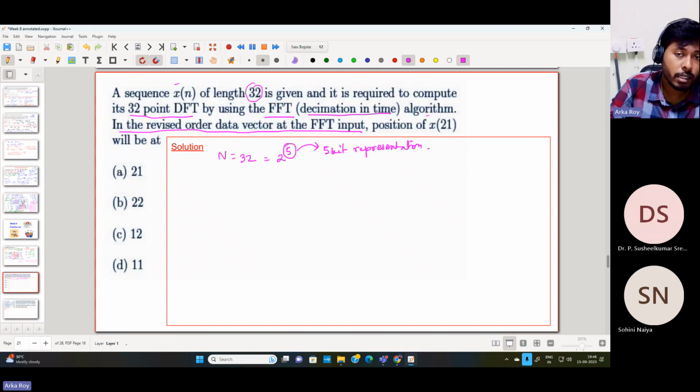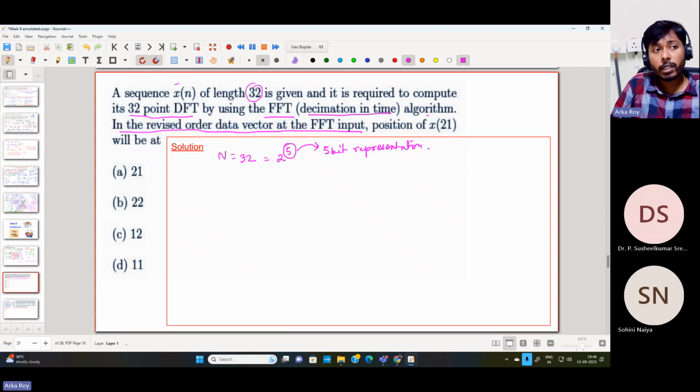That's because we have seen that in the output, the order is fine, that is 0 to 7. But on the input side, the order of the data is basically shuffled. So we need to find the correct order of the data for any given N-point DFT. If N is sufficiently small, you can tell at which position which input sample will come.